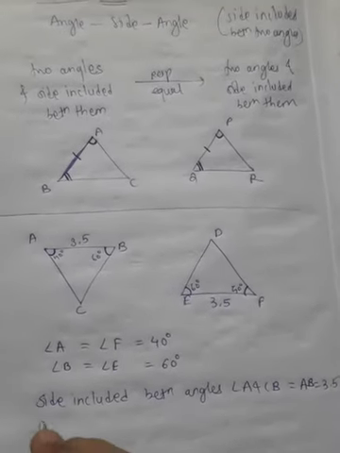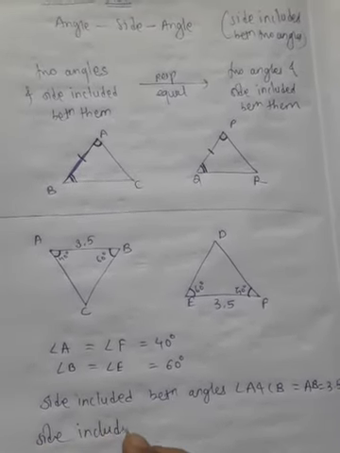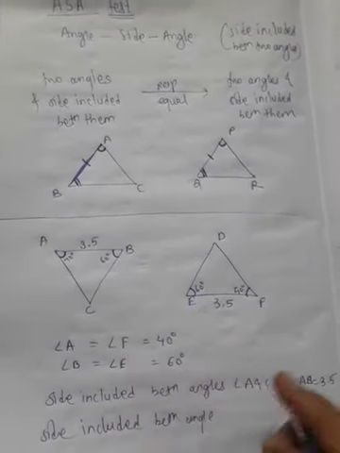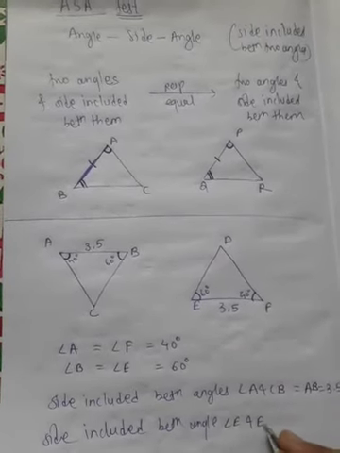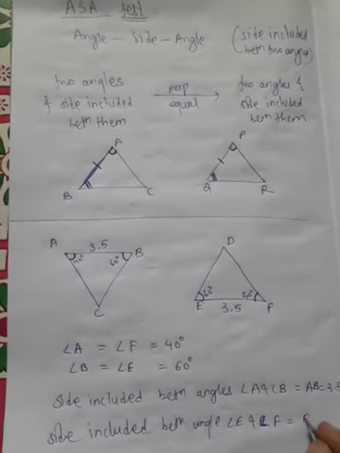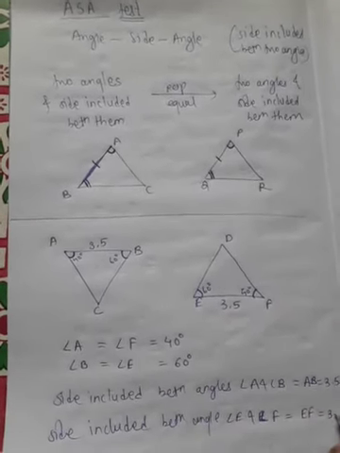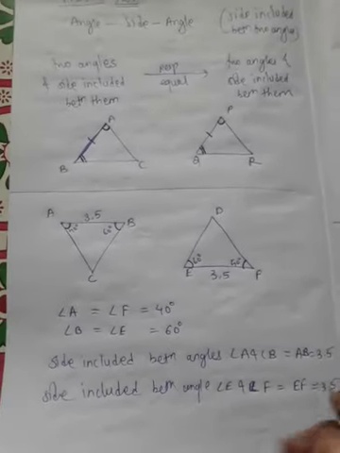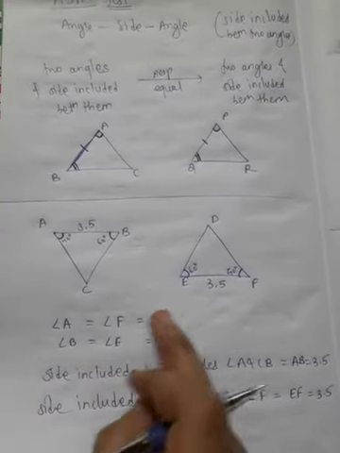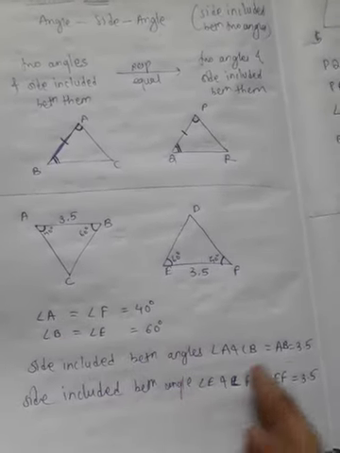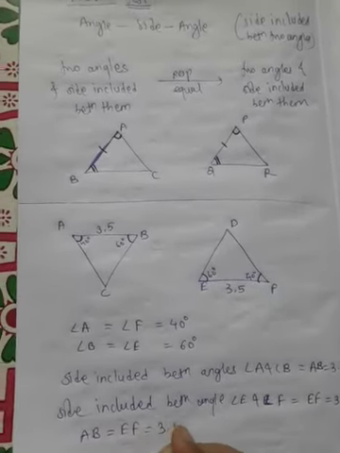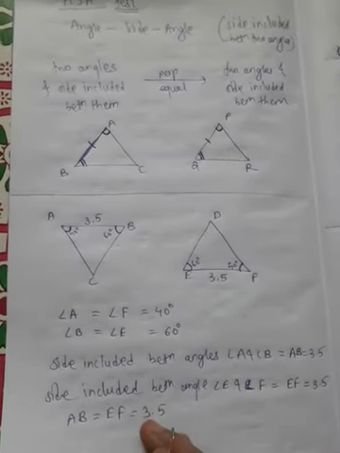And the side included between angles E and F: what is it? Side EF, and its length is 3.5. Now see here, two angles of the triangles are equal, and the side included between them, AB equal to EF equal to 3.5, is also equal.